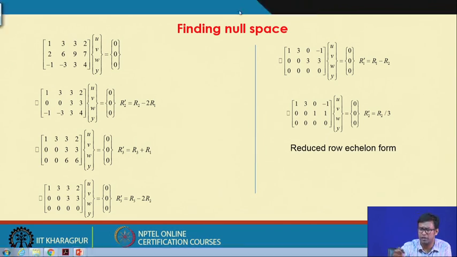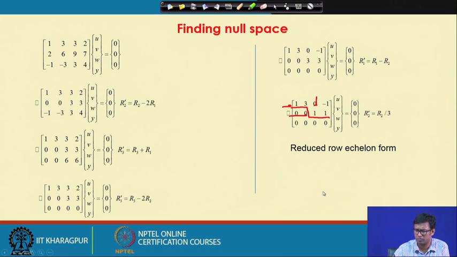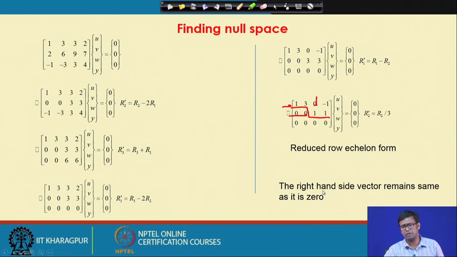This is a step-like echelon form. The first non-zero term in any row is 1, and if I have a non-zero pivot term in any row, the terms above it are also 0. So, this is a reduced echelon form. The right hand side vector remains the same as it is 0. We have done many matrix operations, but as this is the null space equation, the right hand side always remains 0.